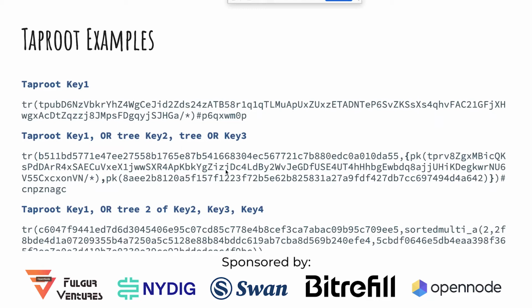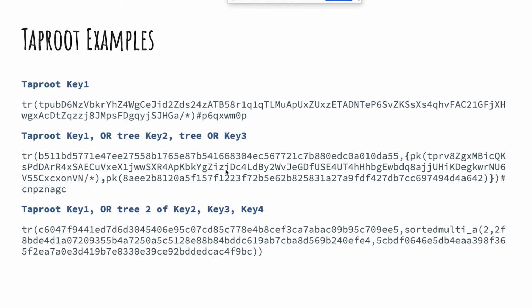Yes, that's right. If you have hardened step 1, hardened step 2, hardened step 3, and you're trying to derive from those hardened steps, you need the private key.